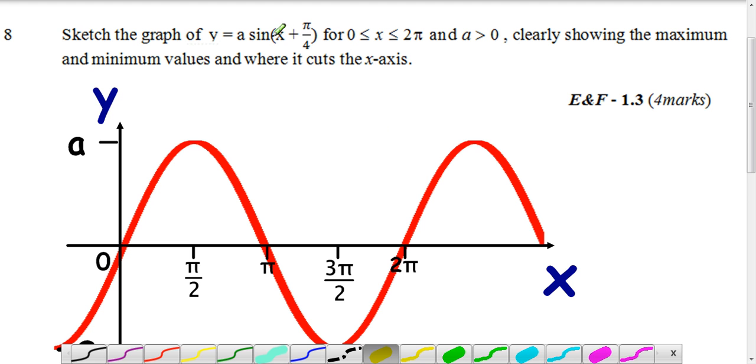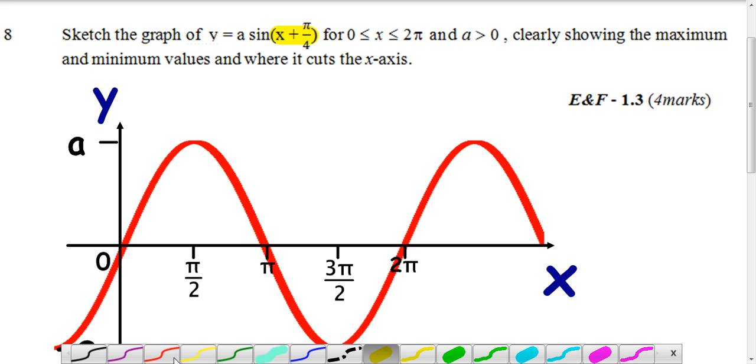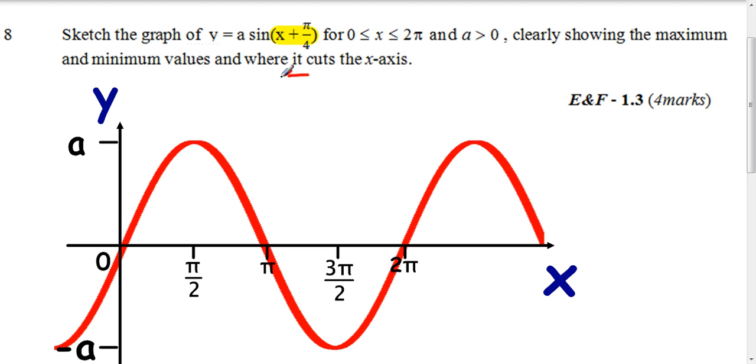Right, the next thing we have to do is understand what this means to the sine wave. Just as before, I think it was in question 6, this part here shifts the graph forwards and back, it's the phase angle. In this case, a plus moves backwards and a negative means forwards, so we're going to shift this direction by pi over 4. Again, I don't mind if you think in terms of degrees.